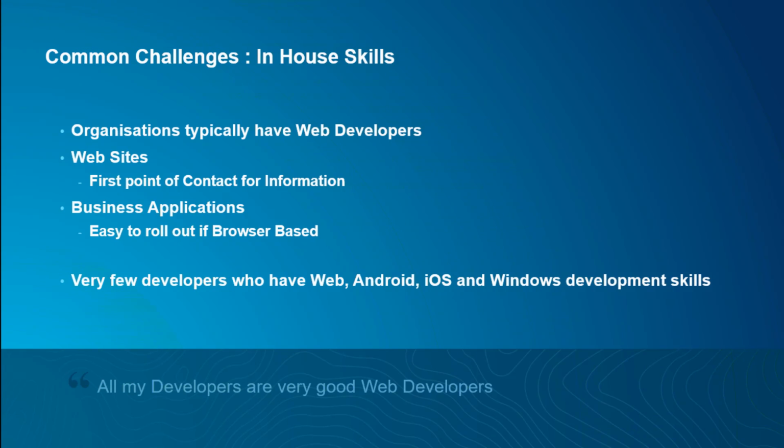Also, we're writing apps for members of the public to get information about our organization. So organizations typically have good web developers. What they have difficulty having is a good web developer, Android developer, iOS developer, and Windows developer all at once. And so suddenly creating and deploying these apps becomes a very expensive proposition.